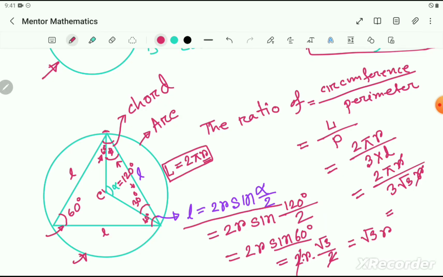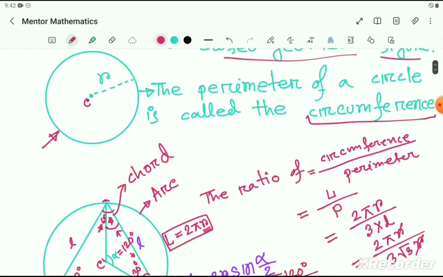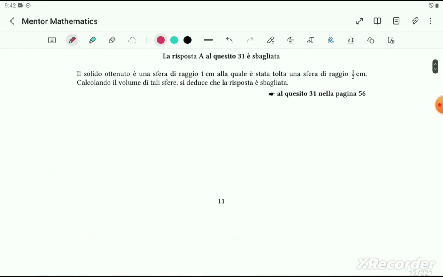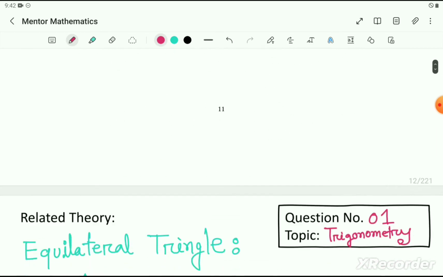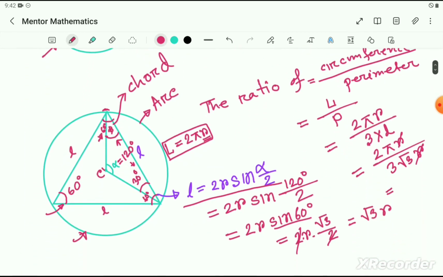okay, let's check in the answer options what we can write. These are the options: 4 pi by 3, pi by 3, root 3 pi by 2, 2 root 3 pi by 9, 2 pi by root 3. From the options we can't see this value, 2 pi by 3 root 3.